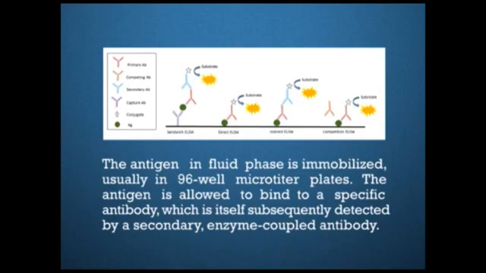The antigen is allowed to bind to a separate antibody, which is itself subsequently detected by a secondary enzyme-coupled antibody. A chromogenic substrate for the enzyme yields a visible color change or fluorescence, indicating the presence of antigen.